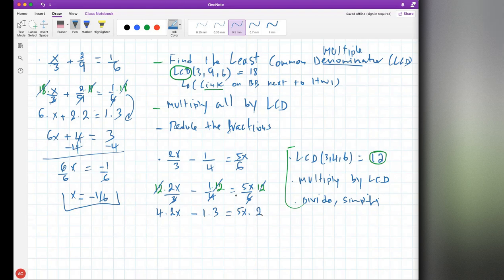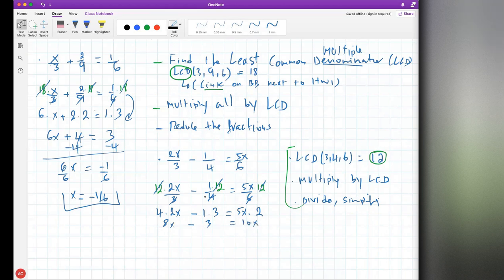Once you do that, that's it, your fractions are gone and you have a much easier equation now. Much easier to solve. So what do we get here now? When we multiply, it will be 8x minus 3, minus 3, 10x.